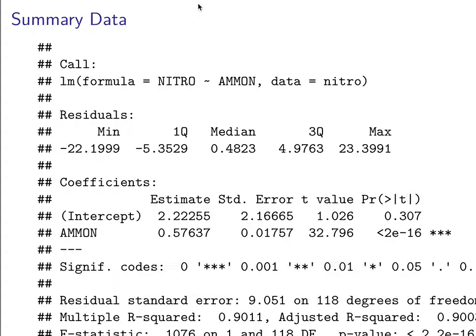This means that with a high adjusted R squared value, this data set is well suited for simple linear regression, as well as a high p-value, saying that there seems to be a high statistical relationship between nitrogen and ammonium.